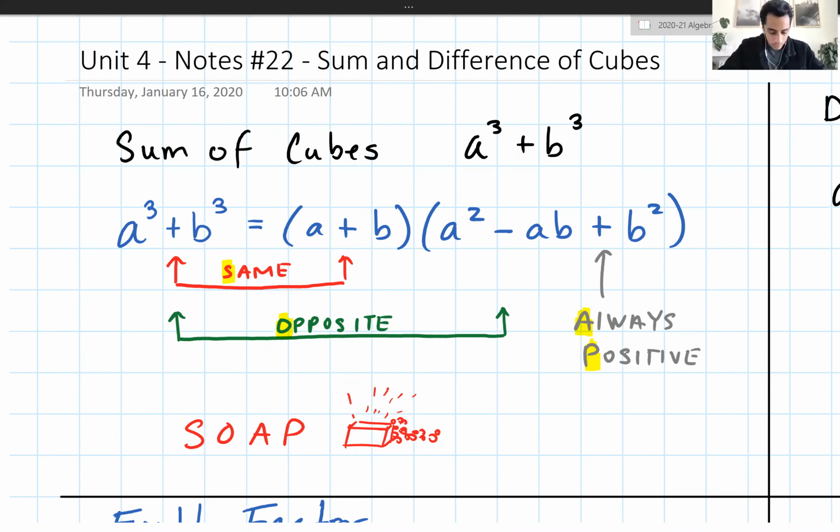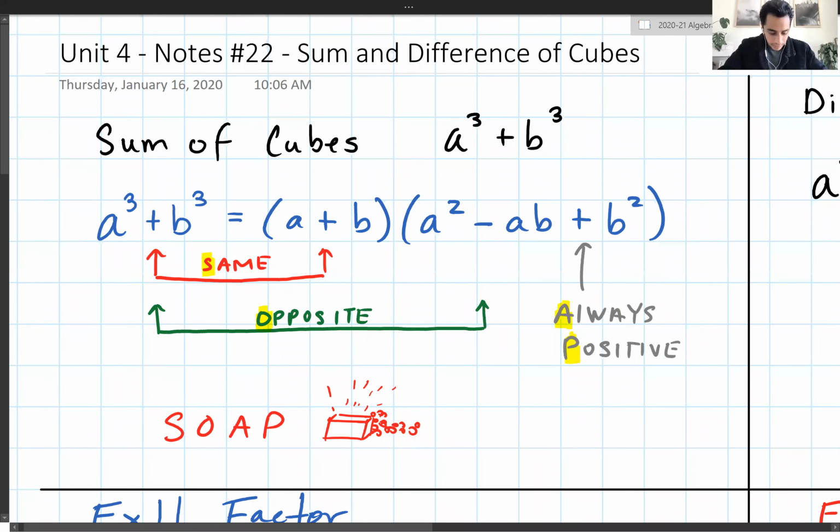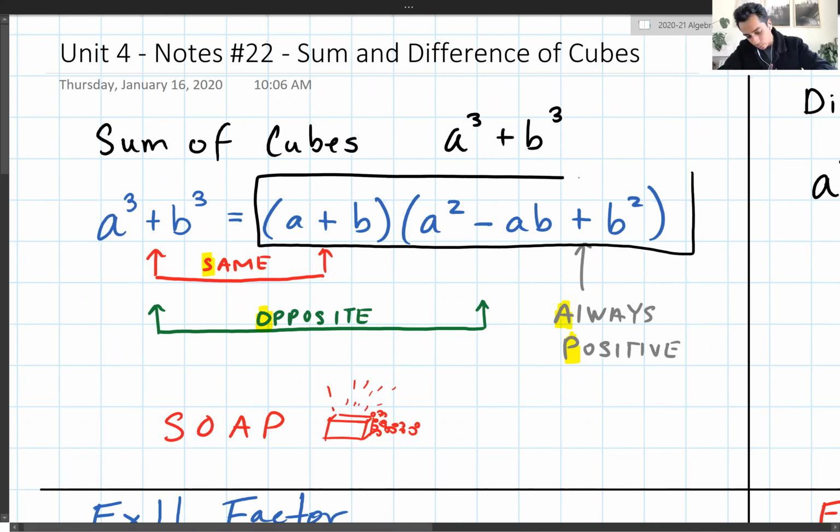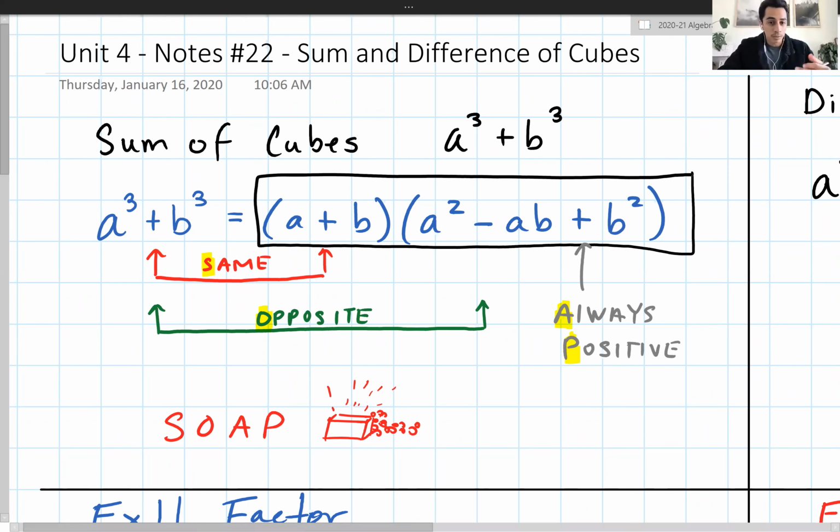We'll explain more as we look at an actual example. But whenever you're looking at a sum of cubes, this will be your reference. You're going to go back and use this a lot, and just substitute numbers into this. That's the general form of the factored version of a sum of cubes.